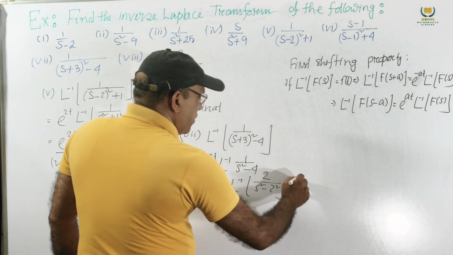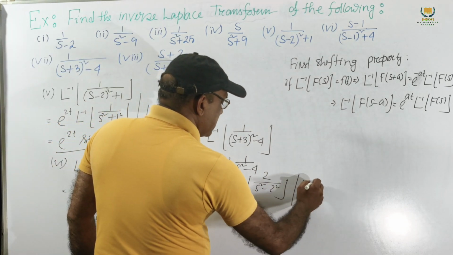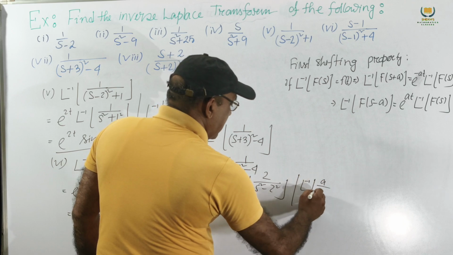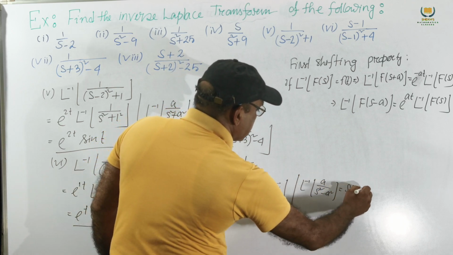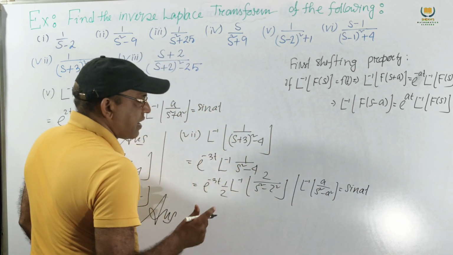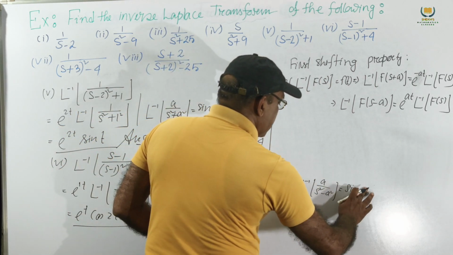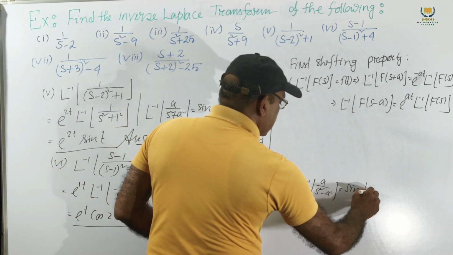But this is formula we know, L inverse a by s square minus a square. This is sin hyperbolic at, because denominator is minus.